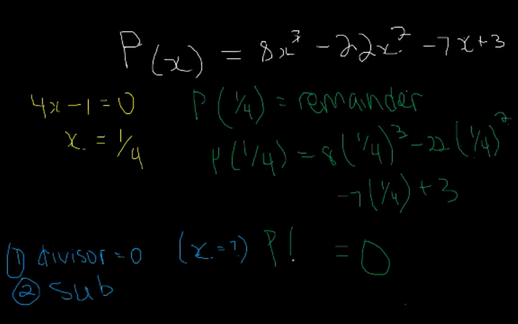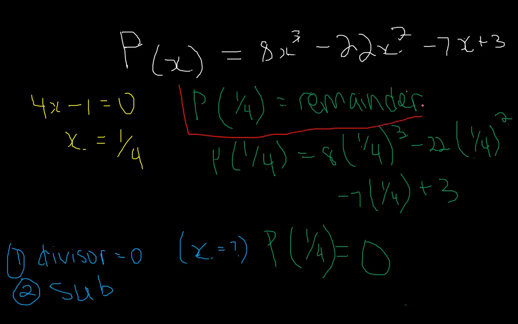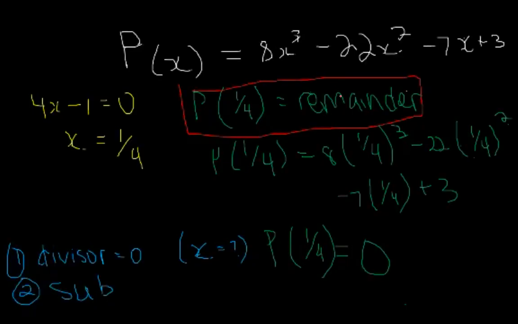What does that mean? P of a quarter is equal to 0. 0 is my remainder. So let me just put a box. P of a quarter is my remainder, and we found out that it is equal to 0.